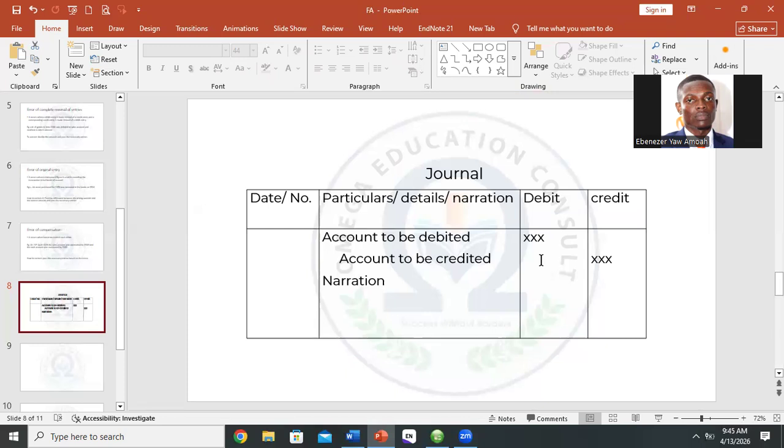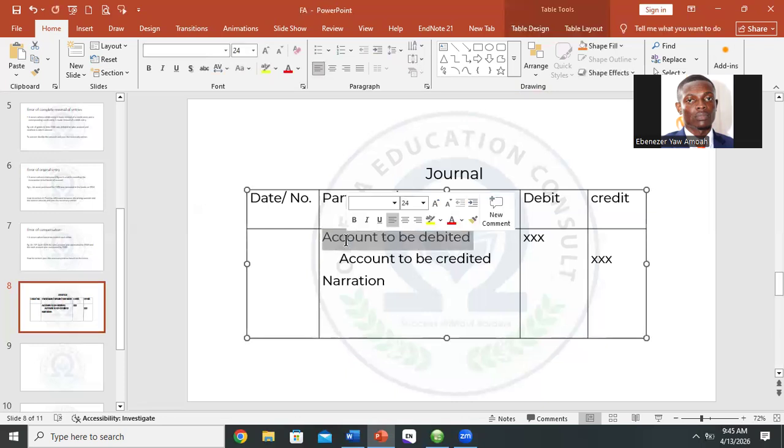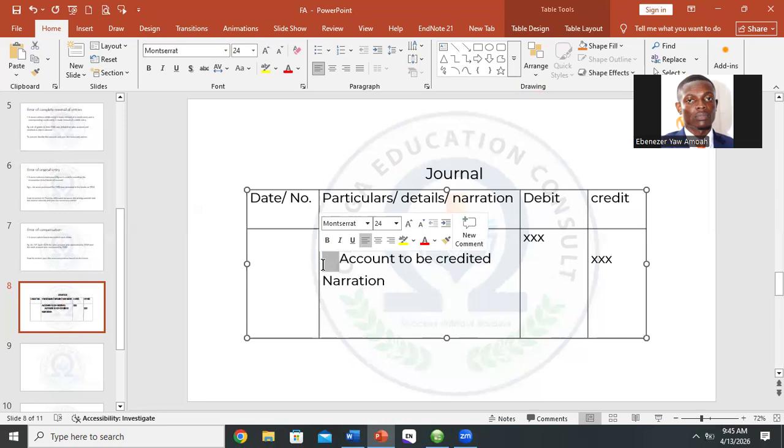Now, in preparing the journal, the account to be debited must always come first. So the account to be debited should always come first. After that, the account to be credited follows. But you can see here that it is slightly indented away from the line where the account to be debited started. Okay, this is the point I'm trying to make.